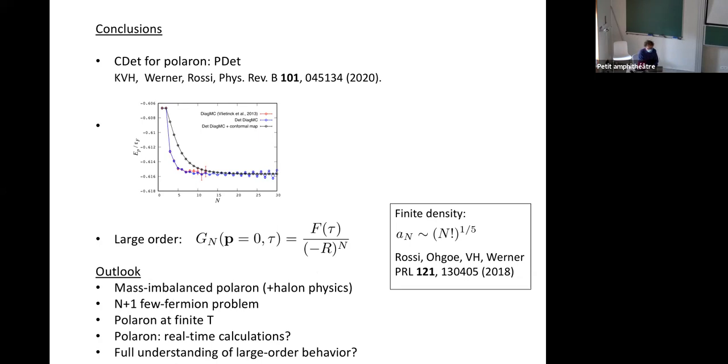Then another open question, which we don't really know, is can we actually do real-time calculations using a similar technique with determinants on the Keldysh contour? This is something that we don't know. And another open question is the full understanding of the large order behavior. Okay, thank you very much.